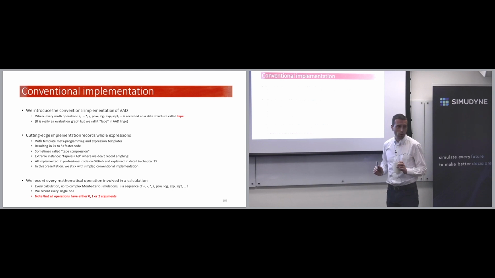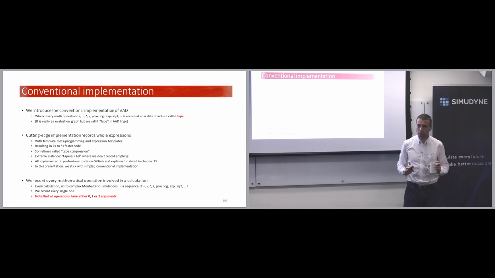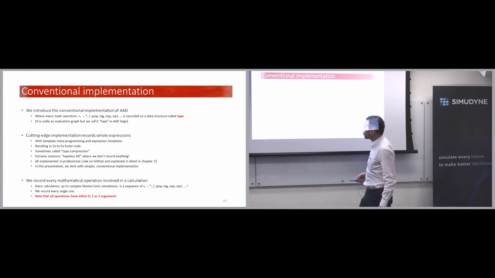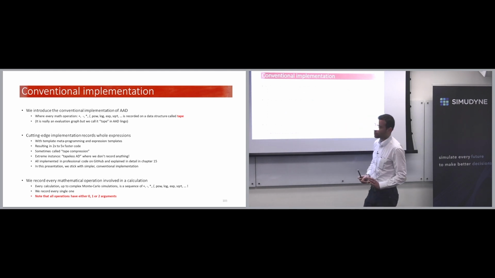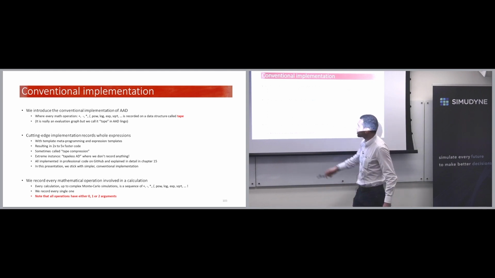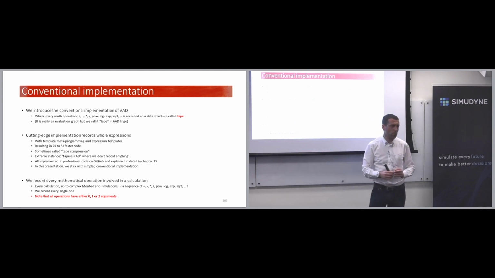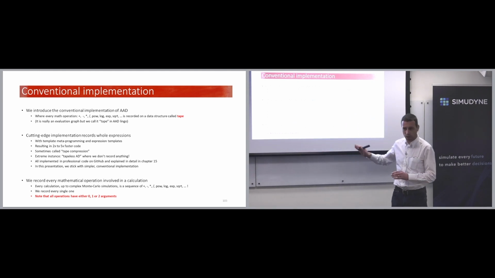Metaprogramming is the most difficult part of C++ programming. That's a lot more involved, but it's worth it because empirically it results in 2 to 5 times faster code, and better memory management. Some people call it tape compression. If you see tape compression in research papers, that's what it means.